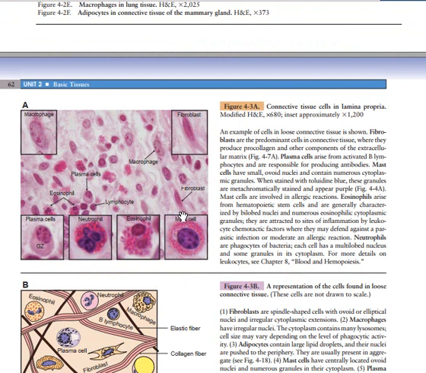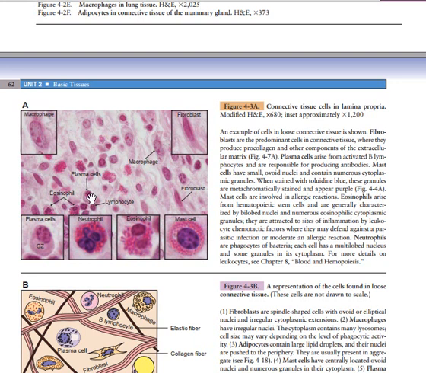You can see fibroblasts, spindle-shaped. You can see a lymphocyte, very small, and the nucleus takes up the whole cell, so there's very little cytoplasm, just like the fibroblast, but fibroblasts are more elongated while lymphocytes are circular.